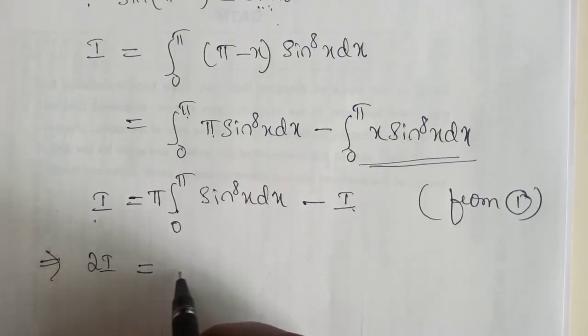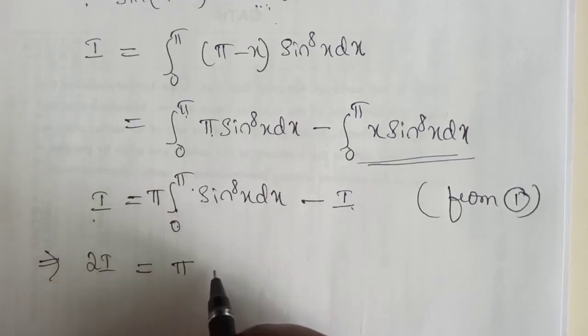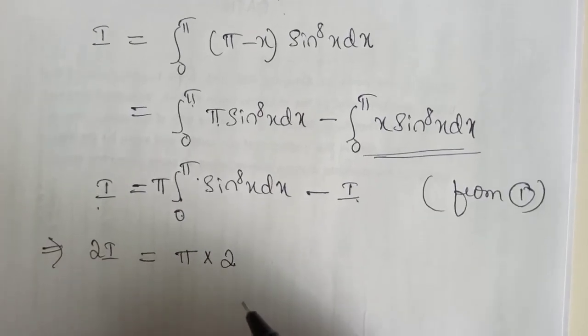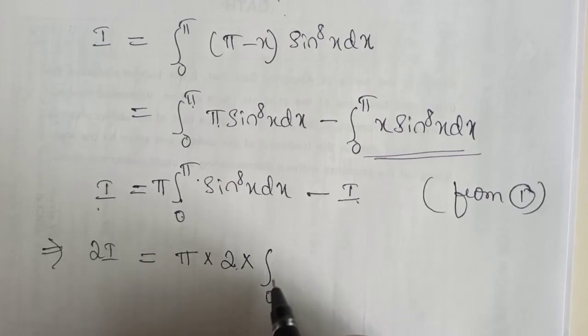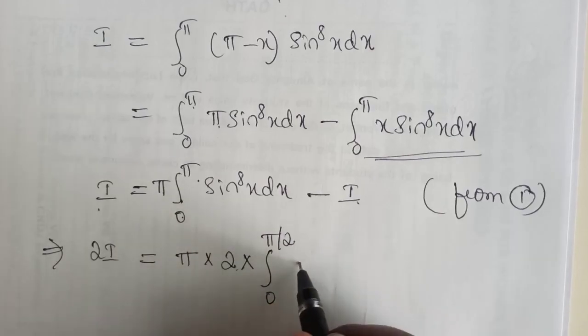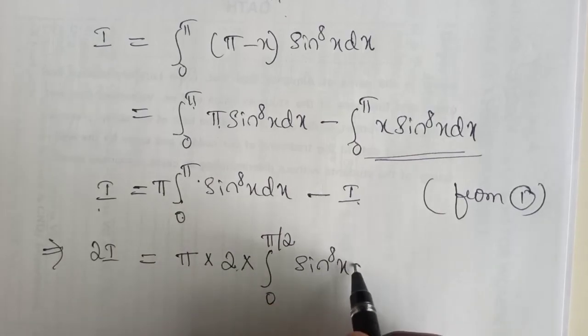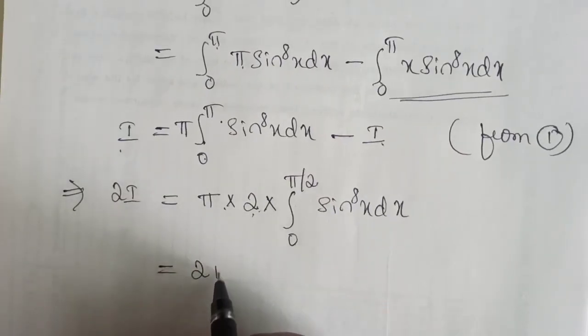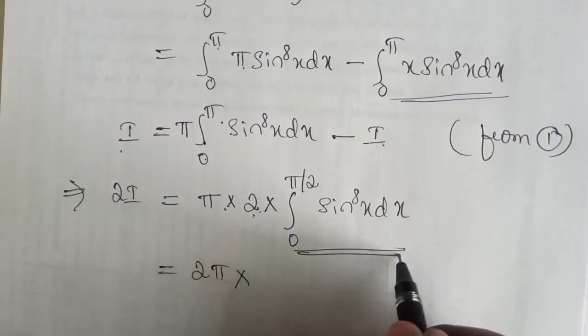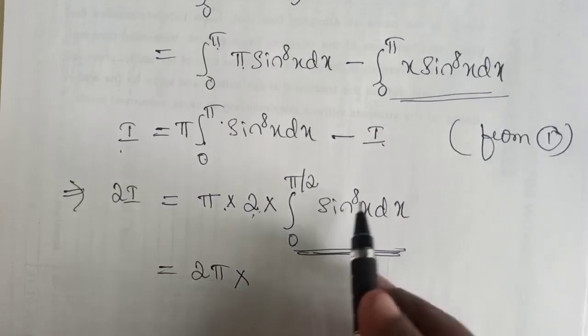2I equals pi times integration 0 to pi sine power 8x dx. Again, by using the properties of definite integrals, this can be written as integration 0 to pi by 2 sine power 8x dx, or 2 pi into, here we apply the reduction formula for sine power nx dx.